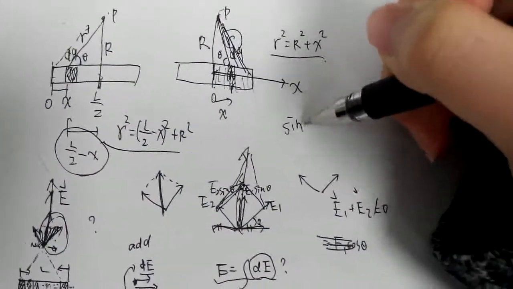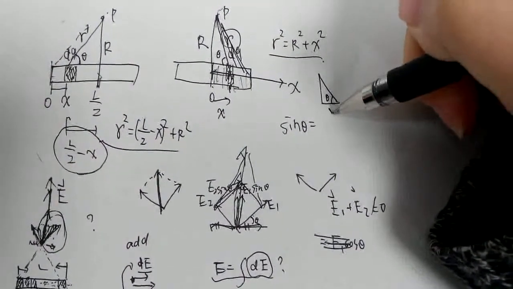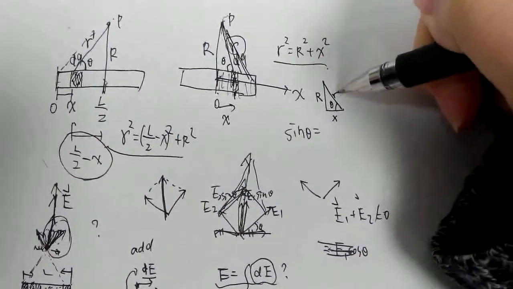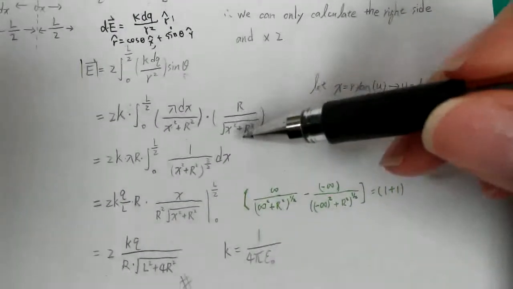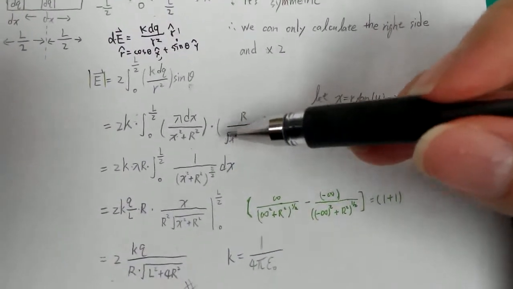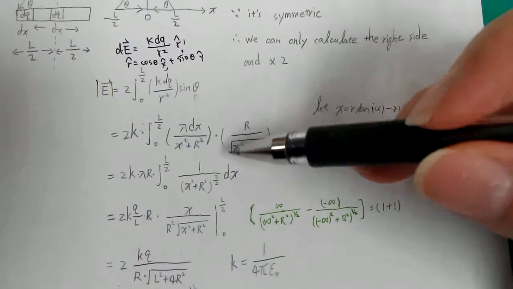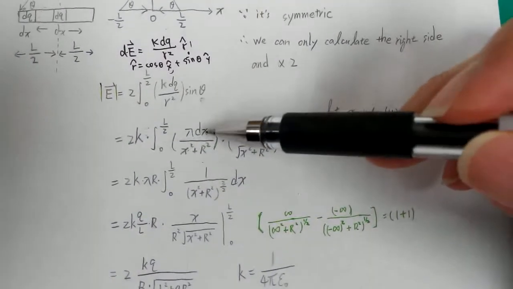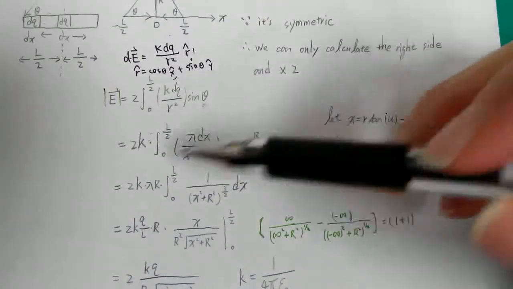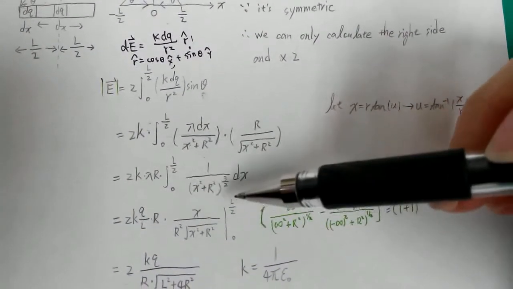So sine theta will equal to, this is theta, this is x, this is capital R, this is R. So sine theta will equal to R divided by R, but R will be the root of x squared plus R squared. Yes? So this and the x we can take here, R and lambda, take it out, and we can simplify the formula like this.